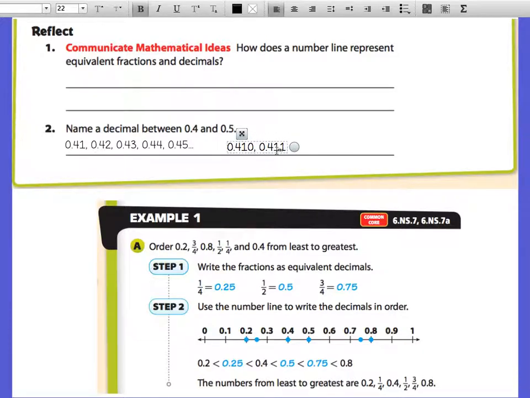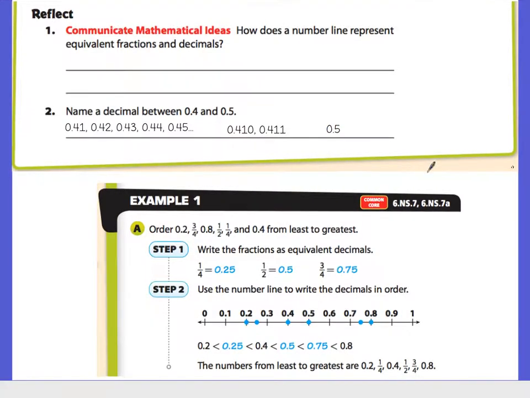So basically, as long as it starts with a 4 and doesn't get past starting with a 5. So once it gets to this, we're too far. So this one would not work.